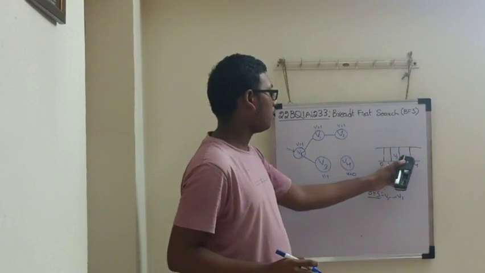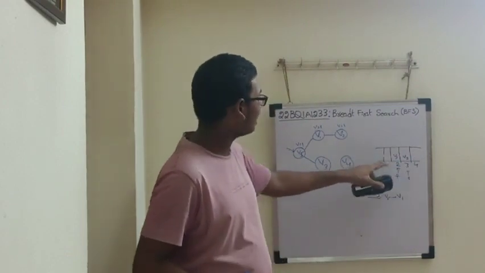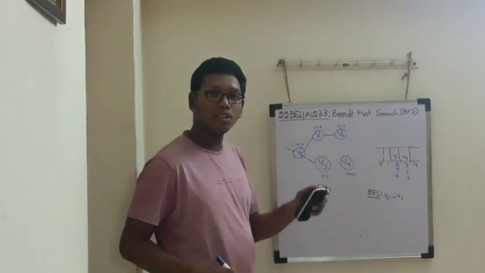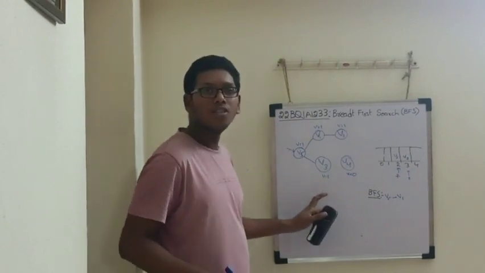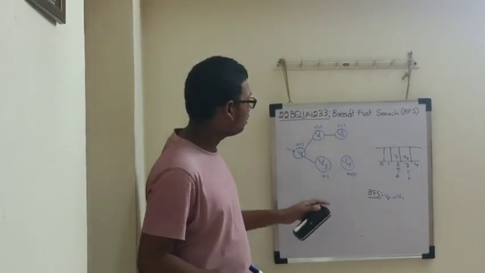Now at the top of the queue we can see that V3 is present, and now I am going to visit the non-visited adjacent vertex of V3.